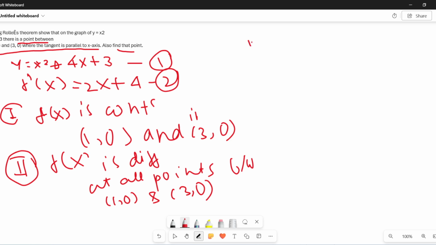Now check the third condition: the value of the function f(a) = f(b), that is f(1) = f(3), which will give 0.